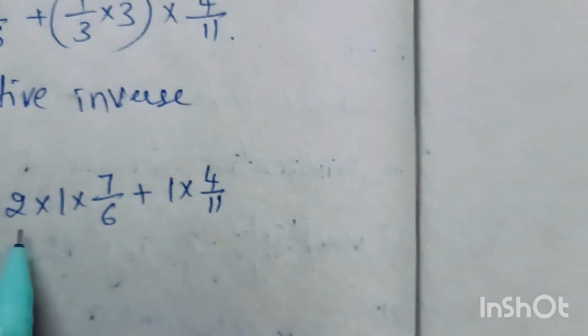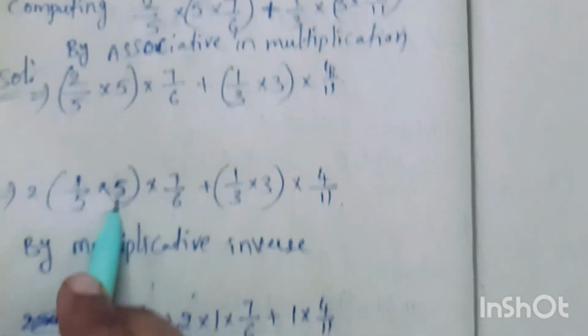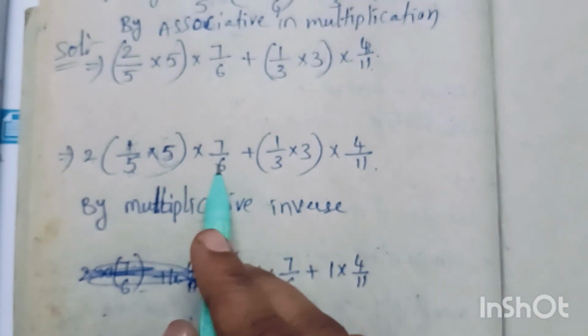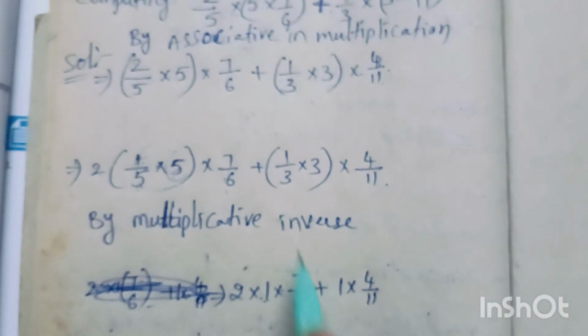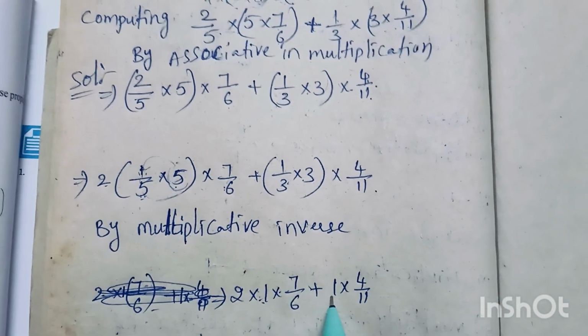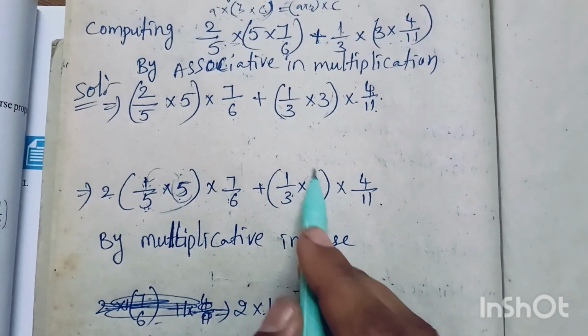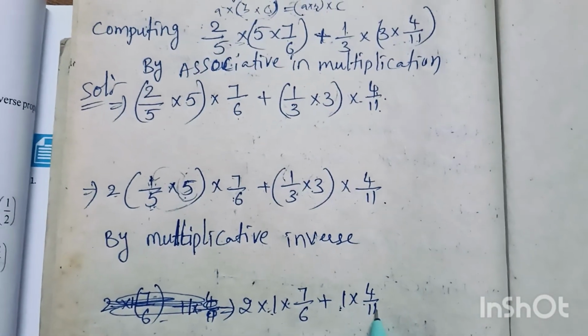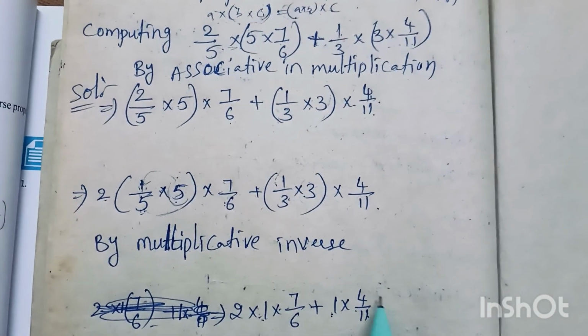So I have written here 2 into 1, meaning 1 by 5 into 5, that is 1 only, into 7 by 6 I have written as it is, plus 1 by 3 into 3 also 1. Okay, the product of one number and its multiplicative inverse is 1, into 4 by 11. I have written already as it is.